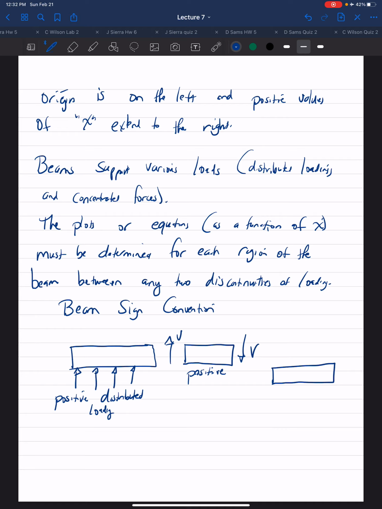And the internal moment that causes compression or a tendency to bend the beam where it would hold water, then that's positive as well. Loadings opposite to these directions are obviously negative sense.